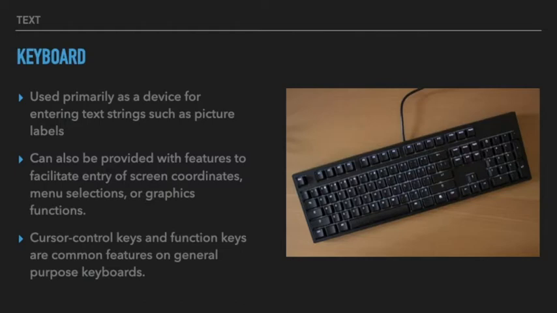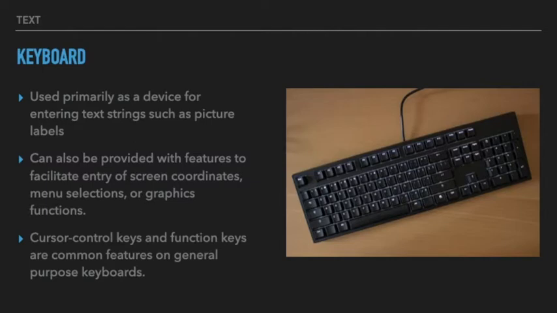The cursor control keys and function keys are common features on general purpose keyboards, and these allow users to enter frequently used operations in a single keystroke, and also to select displayed objects or coordinate positions by positioning the screen cursor.